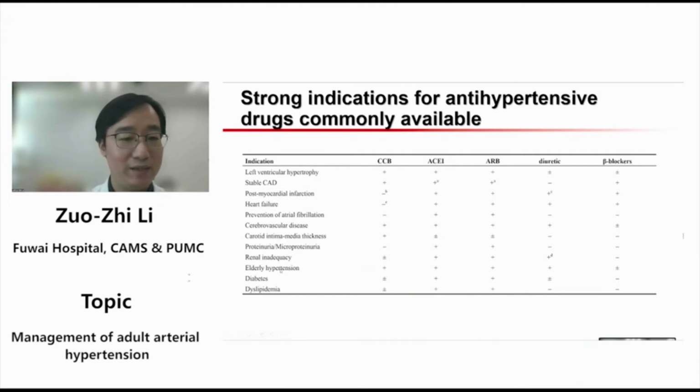And in patients with diabetes, ACEI and ARB should be considered because they have little adverse effect on the metabolism. But beta blocker, which has adverse effects on the glucose metabolism, should be less considered.